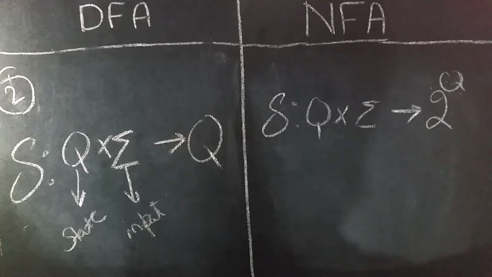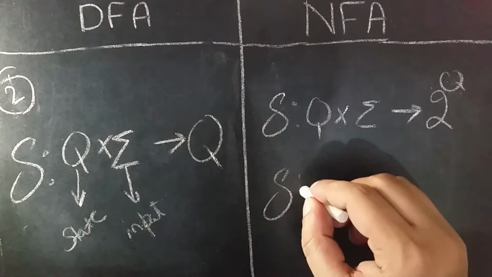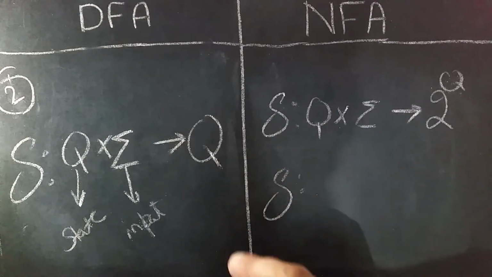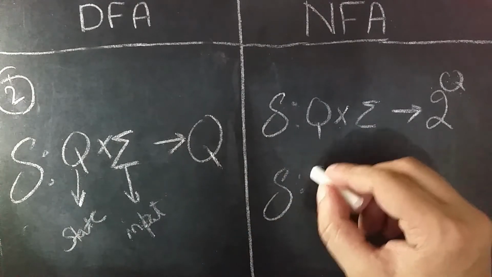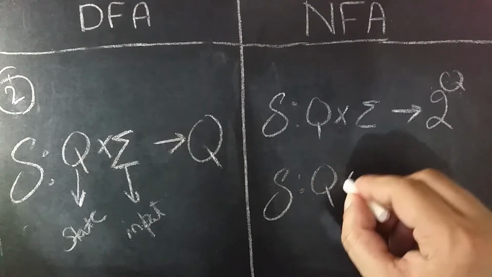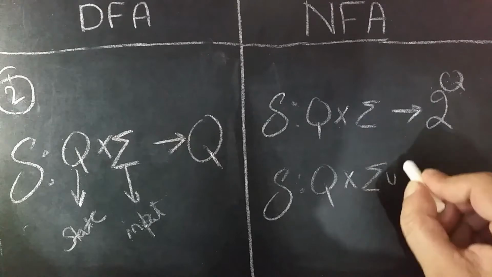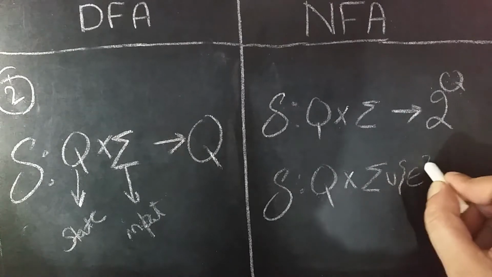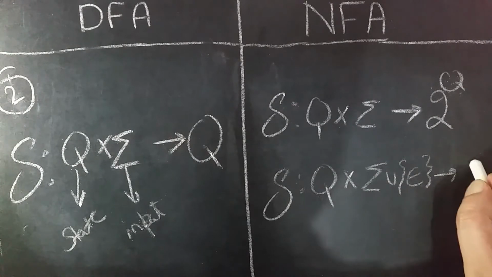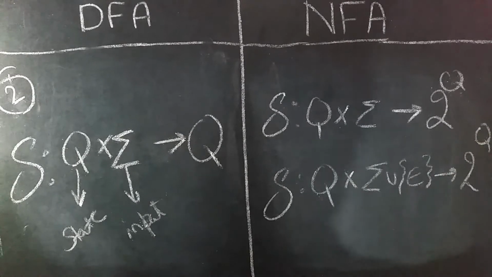For non-deterministic finite automata, there are transitions for empty inputs. So we can write the transition function for NFA with epsilon as: for every state, if we give an input which also includes epsilon, then we'll reach any combination of these states.